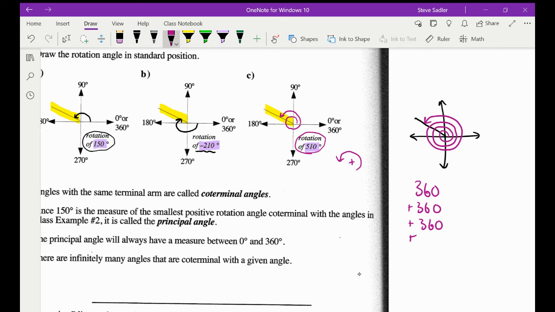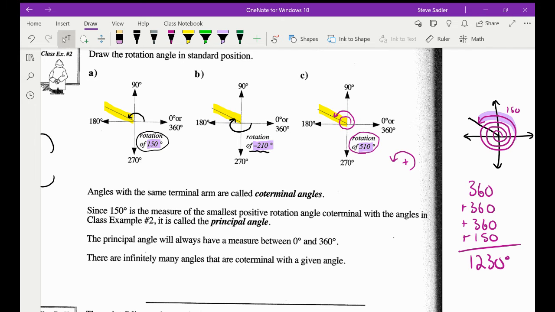So 3 loops plus this extra bit, which is 150 from here to here, plus 150. And you could say, I don't know where I put my calculator, which is great. You could also say that that terminal arm is measured as 1,230 degrees, if you really wanted to.